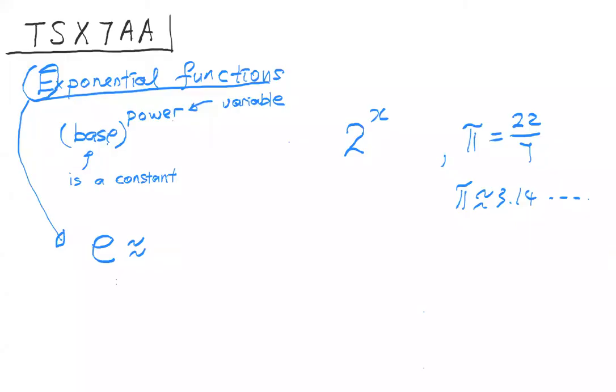Yes, it's approximately 2.718. So this is very important. Now, one very important thing about exponential is this. Because the base is positive, correct?